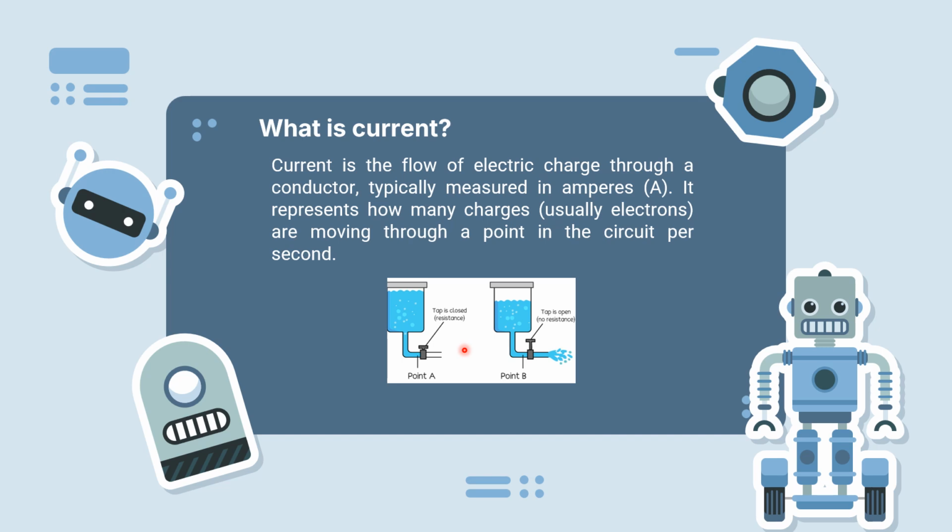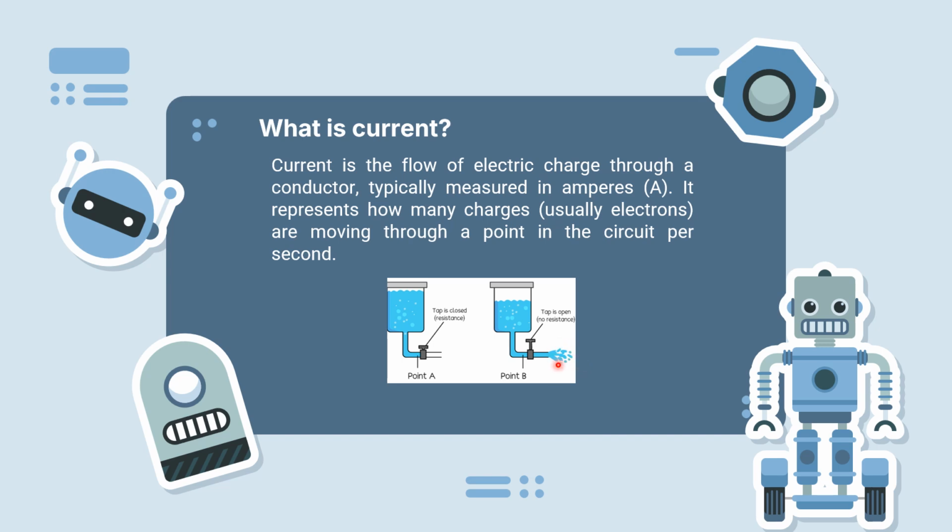So if we open the valve more, which is a symbol of resistance for us, as I said, it means reducing the resistance in the water path. As a result, more water will flow from here. So it means more current in the electronic circuit.